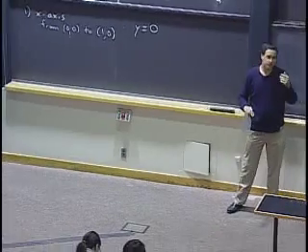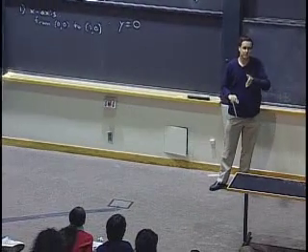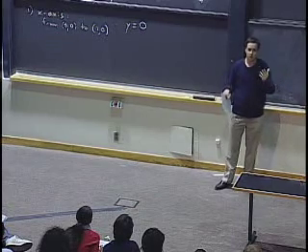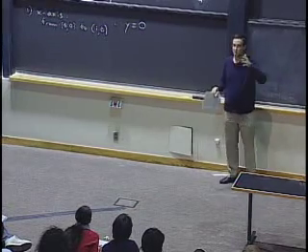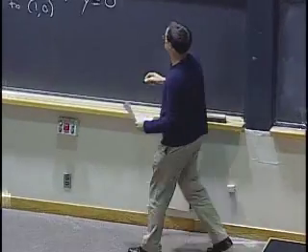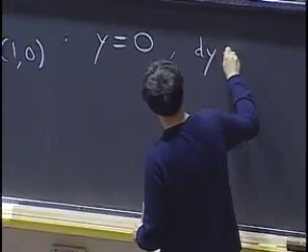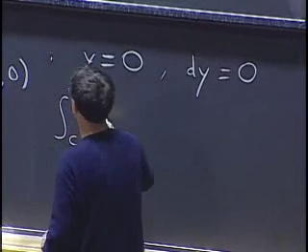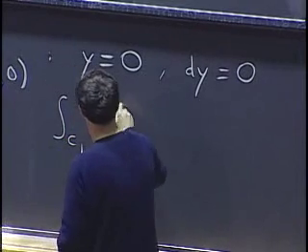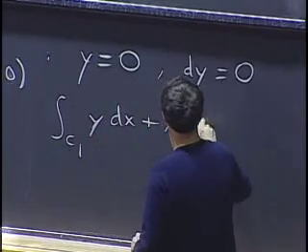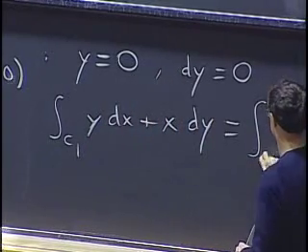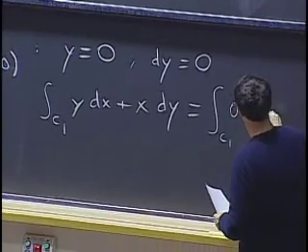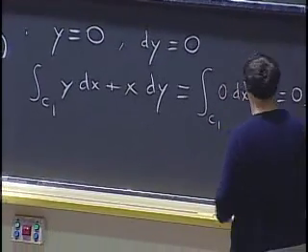Or if you prefer, you can parameterize by saying x equals t for t from 0 to 1, and y equals 0. What doesn't change is y is 0, and therefore dy is also 0. So in fact, we're integrating y dx plus x dy, but that becomes 0 dx plus 0, and that's just going to give you 0.